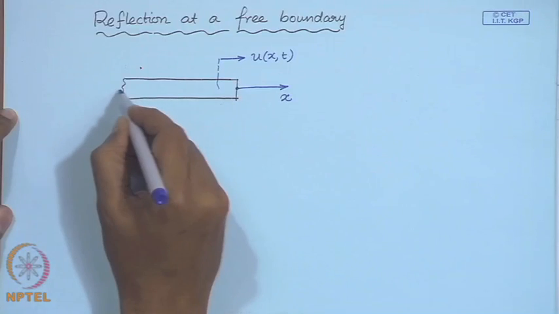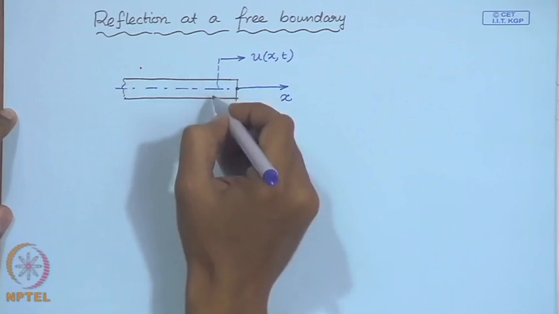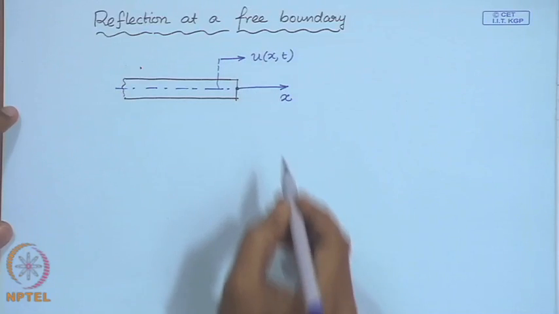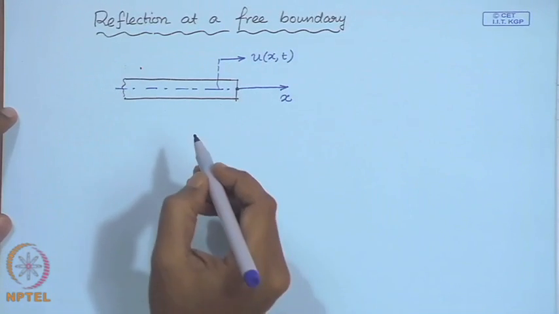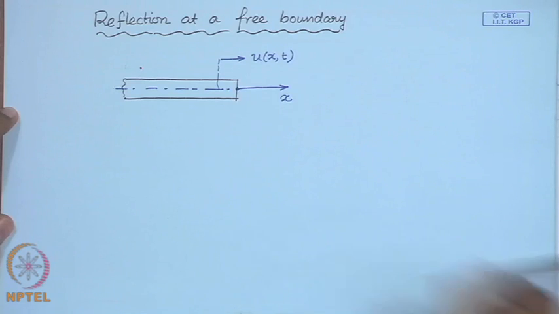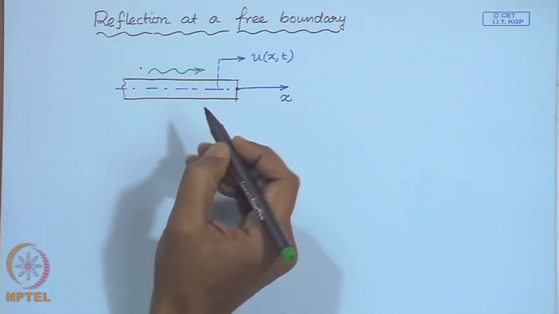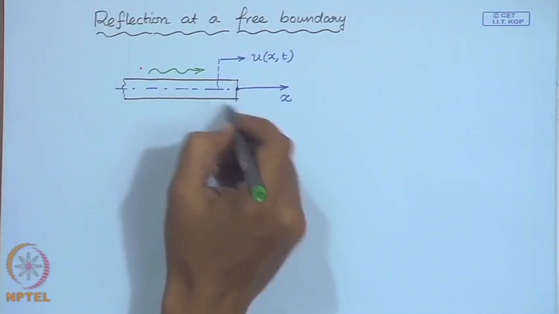We have this axial displacement. So, this is the field variable u x of x and t. So, again we have this incident wave, and this is a free end.